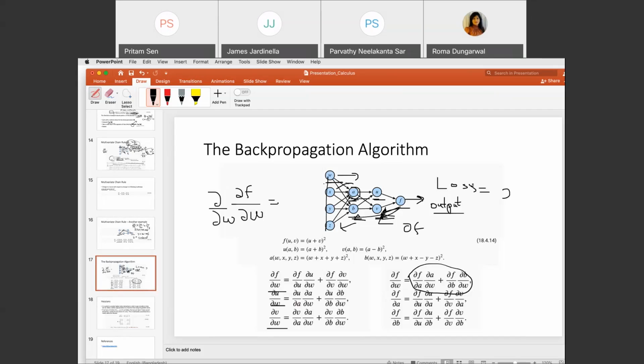In this case, this is presented as the second derivative. That means the function is differentiated with respect to w twice.